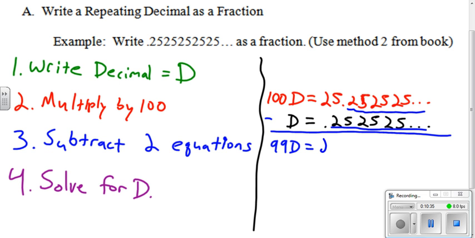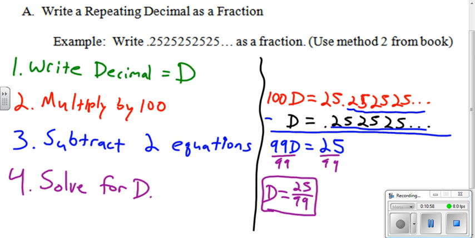So we're just left with 25 then, the piece in front of the decimal point. So now we have 99d equals 25. Now we just solve for d. Divide both sides by 99. So in the end we'd say d equals 25 over 99. And that is how we would write our decimals as a fraction.